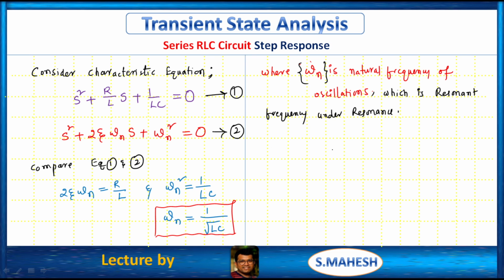You all know that, right? Omega n equals 1 by root LC. Clear?